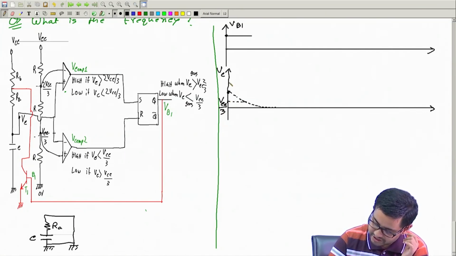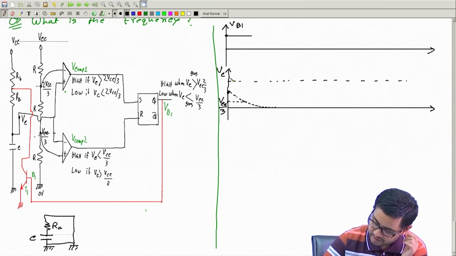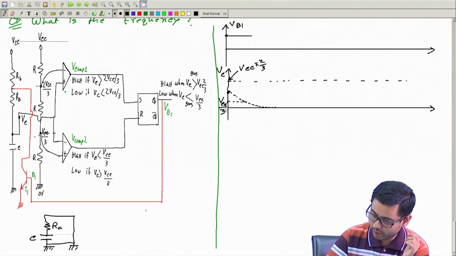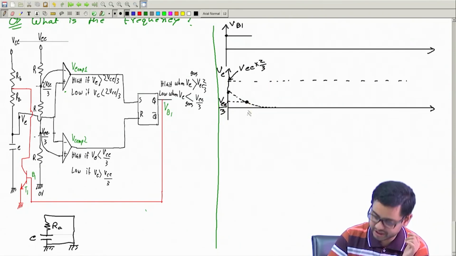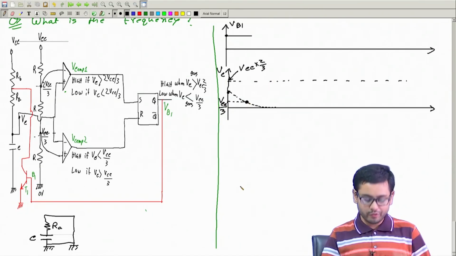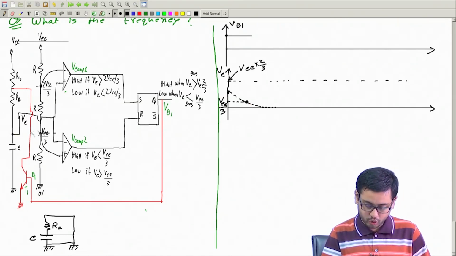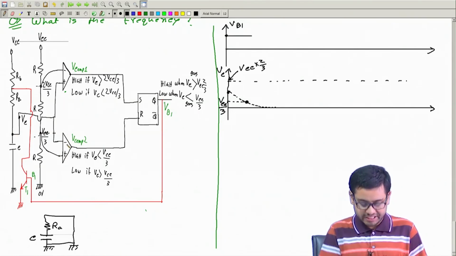So this height is VCC by 3. Let me draw this other level as VCC into 2/3. This is VCC into 1/3. Now the moment the capacitor voltage comes here, the story will change. Why? Because this voltage is lower, so this op amp will be triggered.